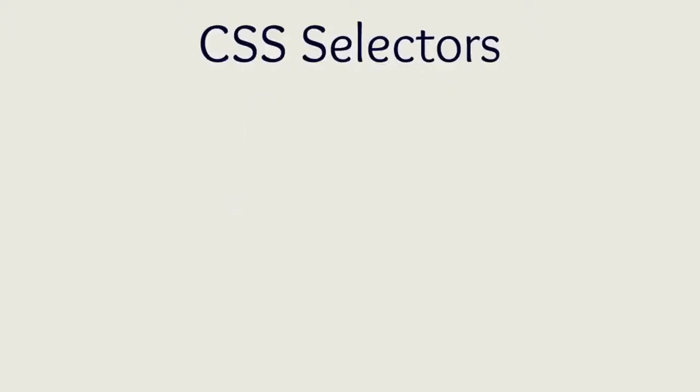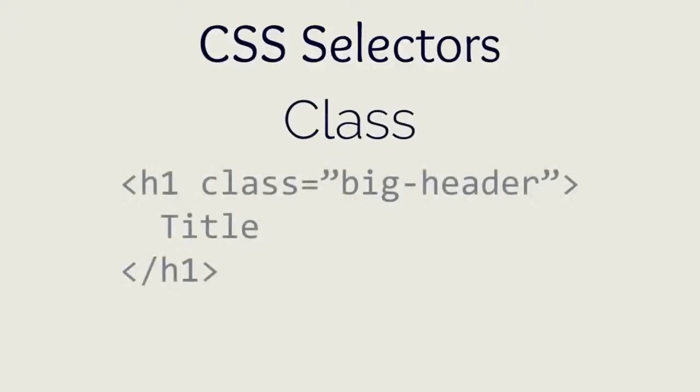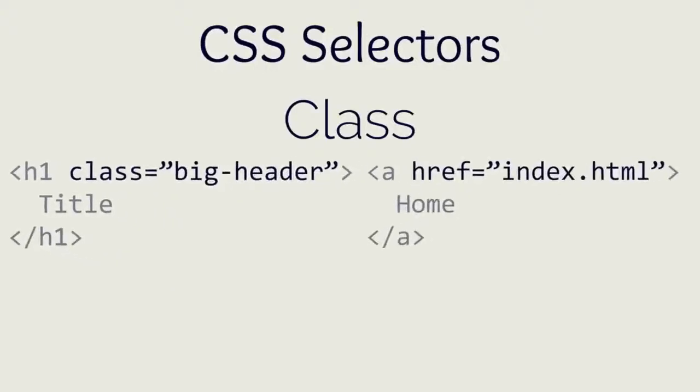By far the most common and useful selector is the class selector. The class selector lets you select HTML elements based on their class attribute. If you remember from my HTML series, all HTML elements can have attributes assigned to them, such as the href for an anchor tag. A class is just an attribute that all HTML elements can have and is used with CSS to distinguish elements for specific styling.